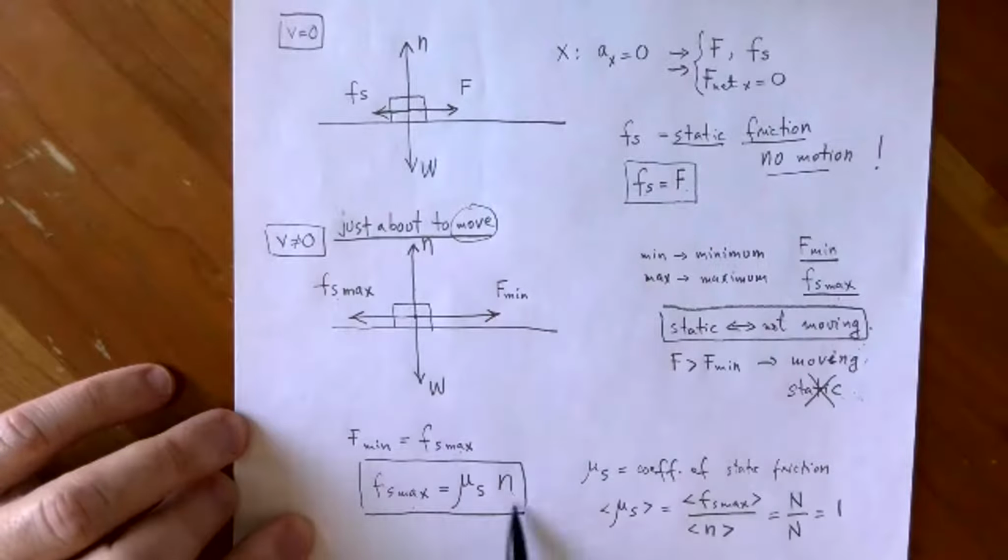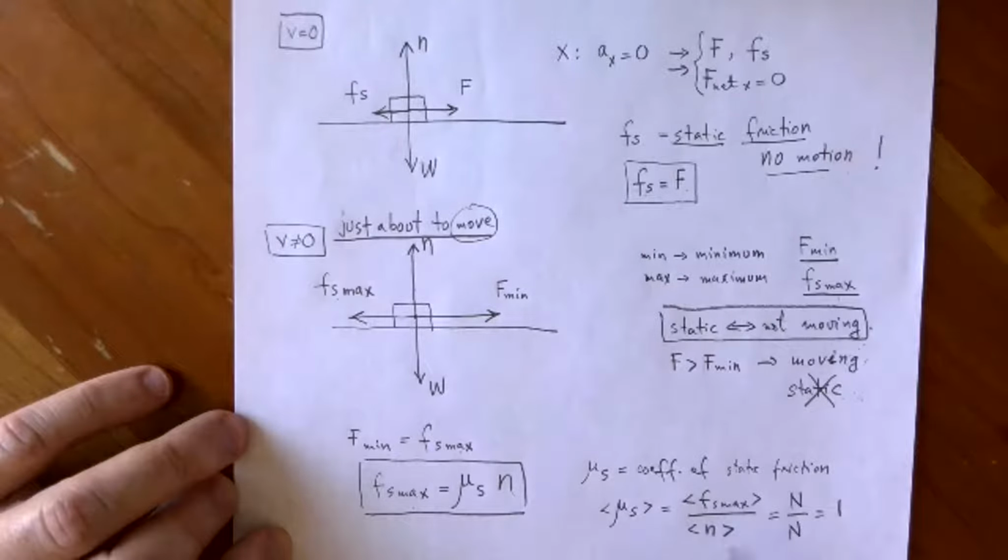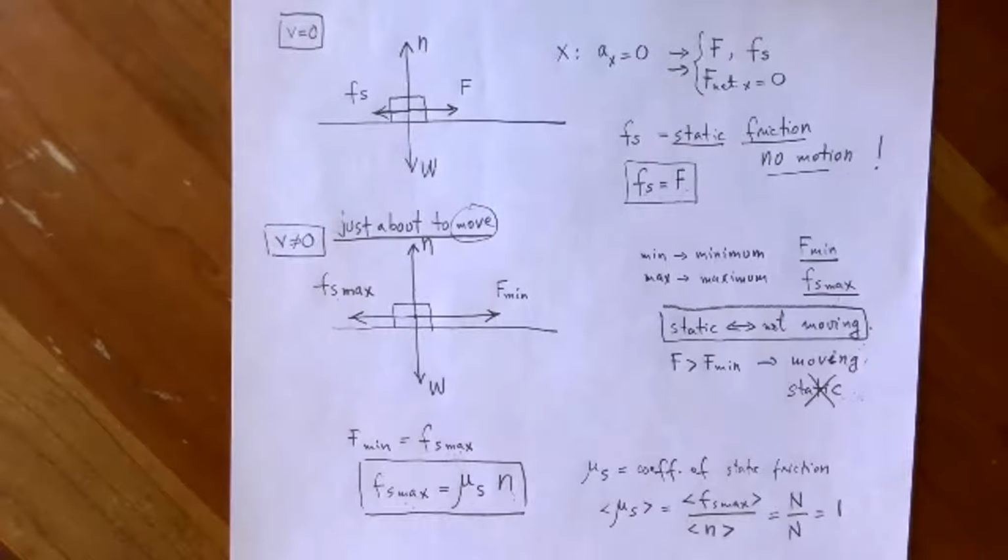And the factor of proportionality is called the coefficient of static friction. It is easy to see that the unit of the coefficient of static friction is 1. It is dimensionless because it is the ratio between the static friction force and the normal force. They are both forces, so the ratio is going to be 1.